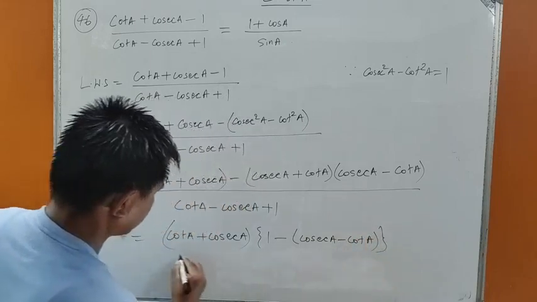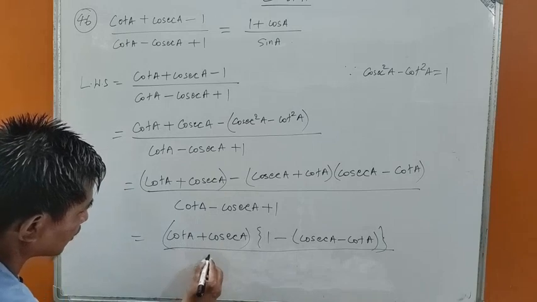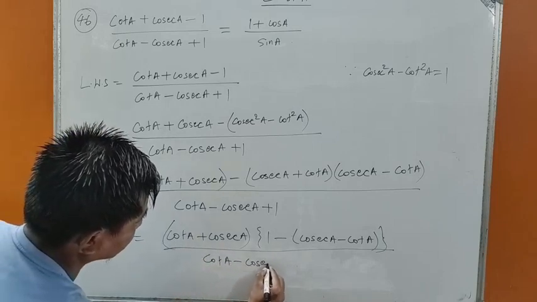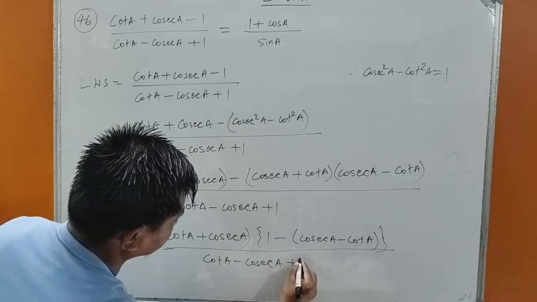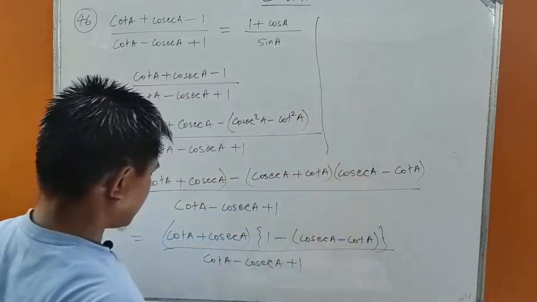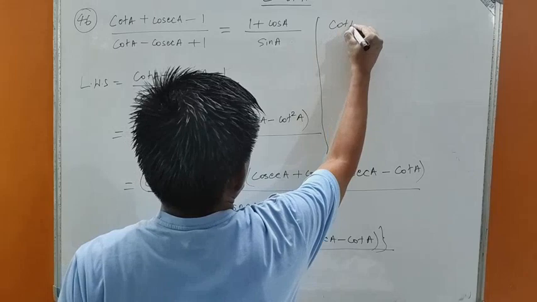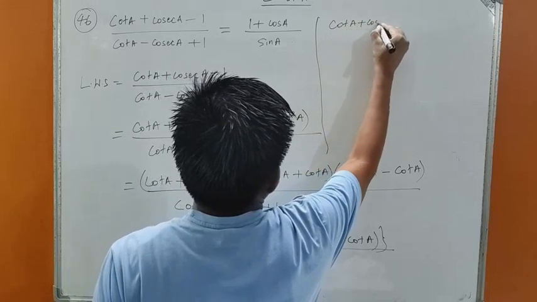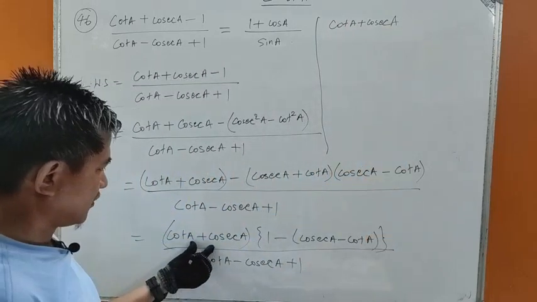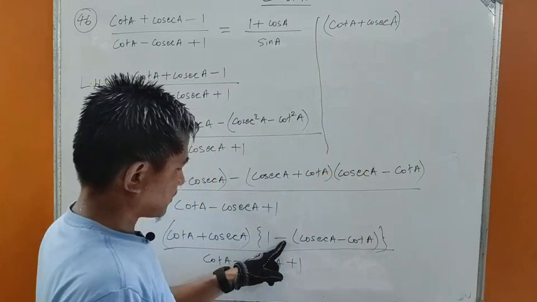Curly bracket closed. In the denominator we have cot a minus cosec a plus 1. Cot a plus cosec a we write as it is. Then the bracket closes, so we multiply with the minus sign.